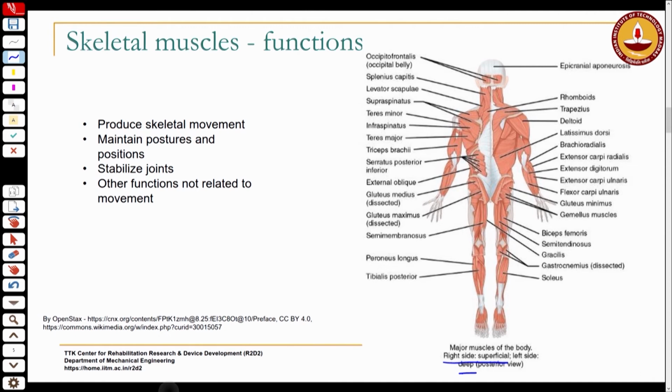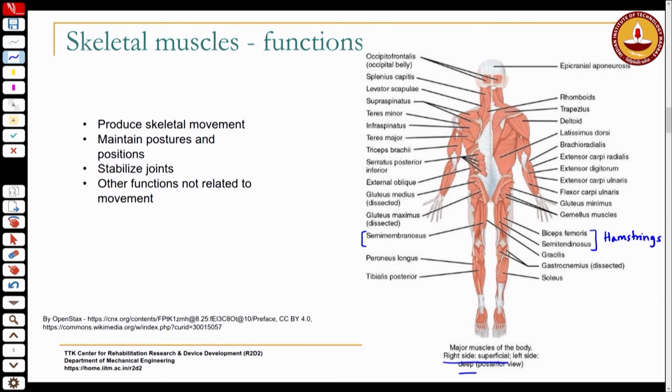Some of the muscles that we will get very familiar with are what are known as the hamstring group. So, in the posterior you have the hamstring group, which is formed with the biceps femoris, semitendinosus and semimembranosus. So, these are the muscles at the back of your thigh, and they are the hamstring muscles.